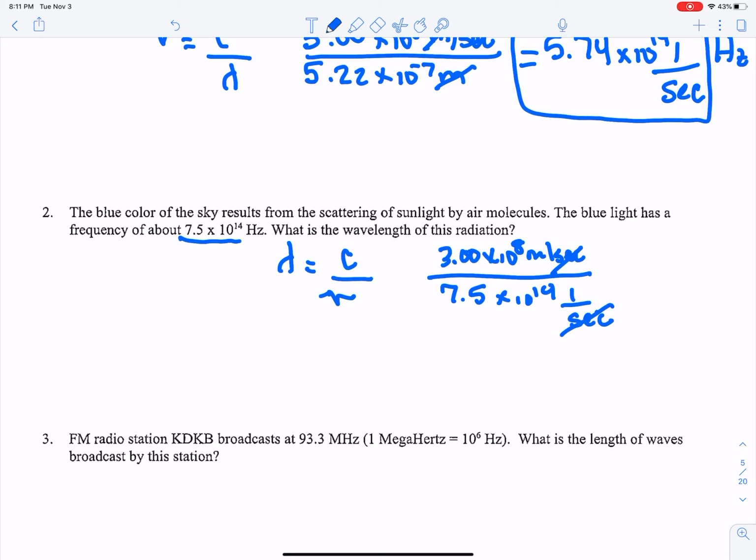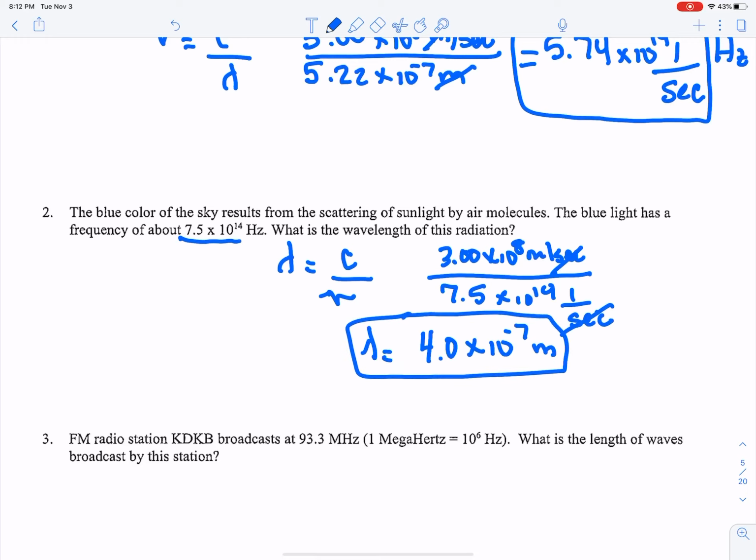So 3.00 E to the 8th divided by 7.5 E to the 14th. When you cancel out seconds, the only thing you have left is 4.0 times 10 to the negative 7 meters. That's what your wavelength is. Okay, so that shows you 2 examples of how to do frequency and wavelength.